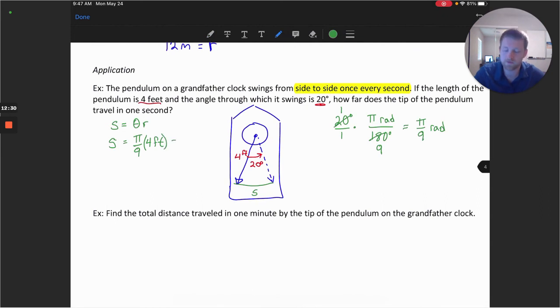So this would, in fact, be 4 pi over 9 feet as the arc length, or as the distance traveled over 1 second. If this would have been asking for the distance traveled over, say, 5 seconds, we just have to multiply this arc length back and forth 5 times. So this happened to be just 1 second, and we were traveling back and forth every second. So this is simply going to be finding that arc length.